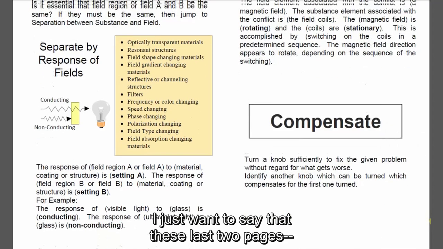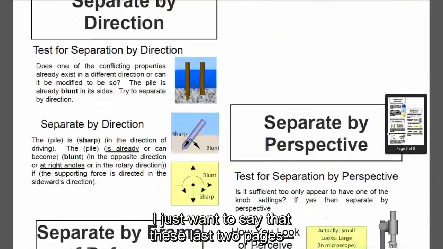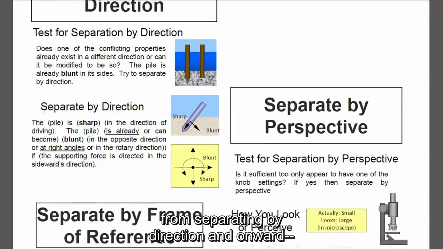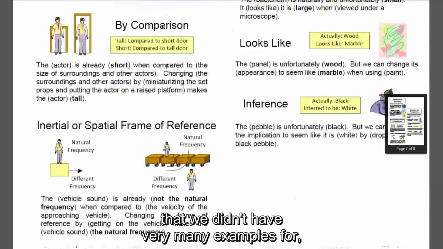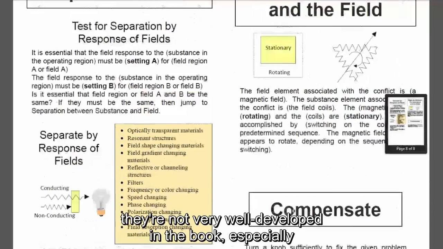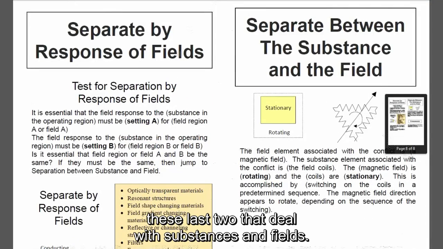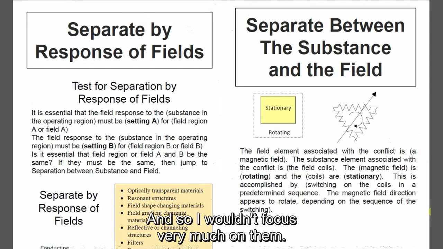I just want to say that these last 2 pages, from separating by direction onward, that we didn't have very many examples for, they're not very well developed in the book, especially these last 2 that deal with substances and fields. And so I wouldn't focus very much on them.